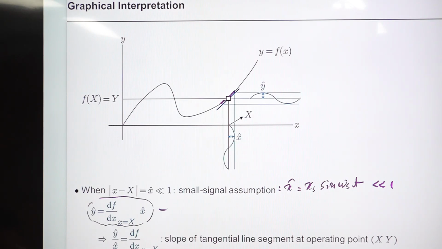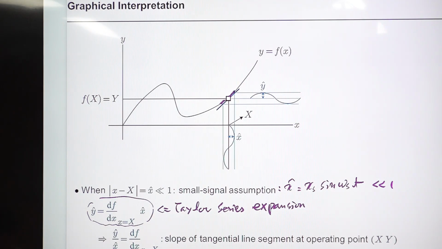We obtain this from the Taylor series expression, and this is derived from this graphical construction, so they are the same thing.